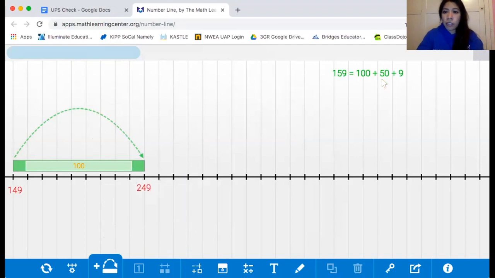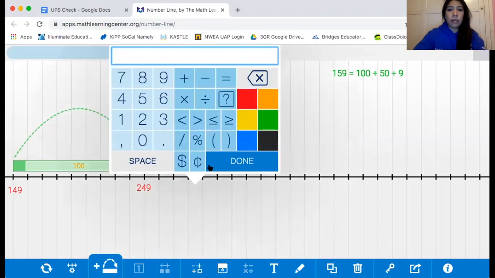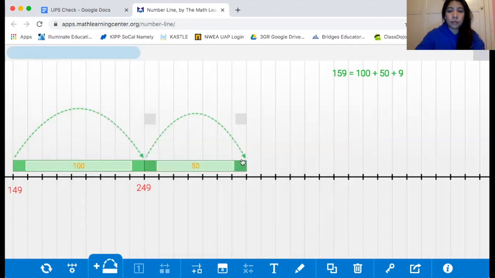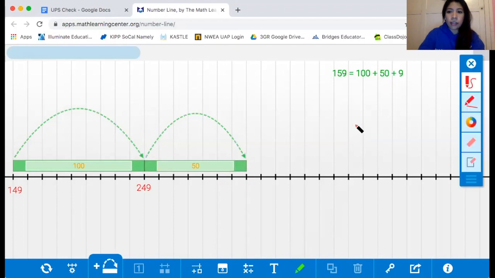And now I'm going to be adding 50 to it. So again, I'm going to use that same amount here. And now I'm adding 50 to it. Plus 50. And 249, let's see, plus 50, that's hard for me to calculate in my head.